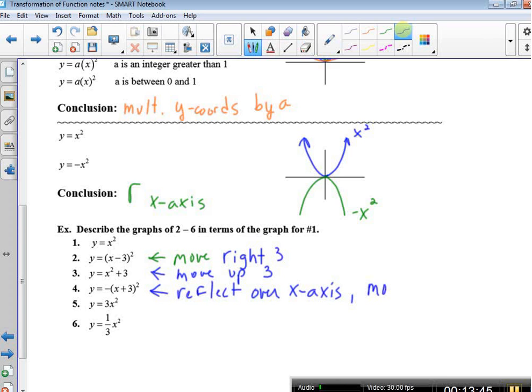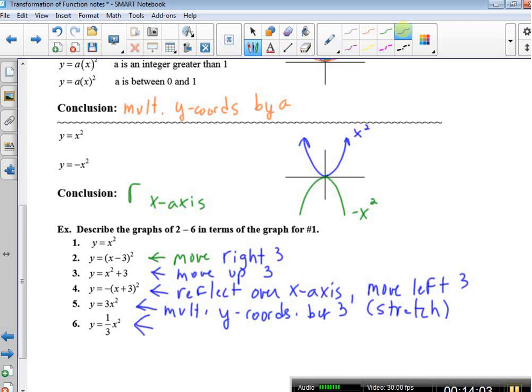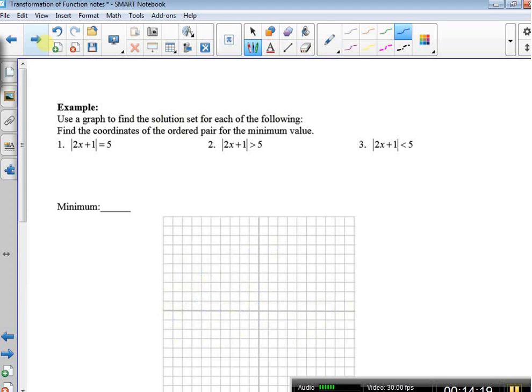Left 3. And then this one is going to multiply the y coordinates by 3, which is going to be a stretch, get a little steeper. This one is going to multiply the y coordinates by 1/3, and it's going to be like a little shrink.